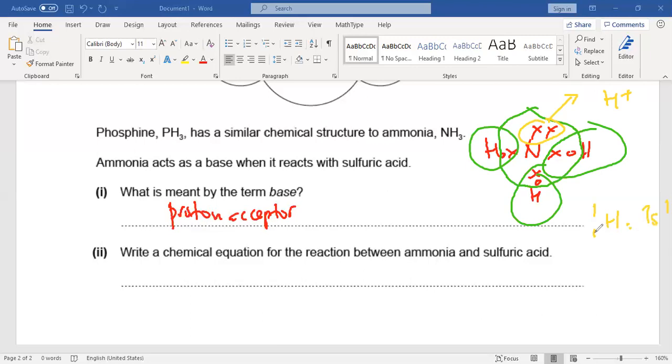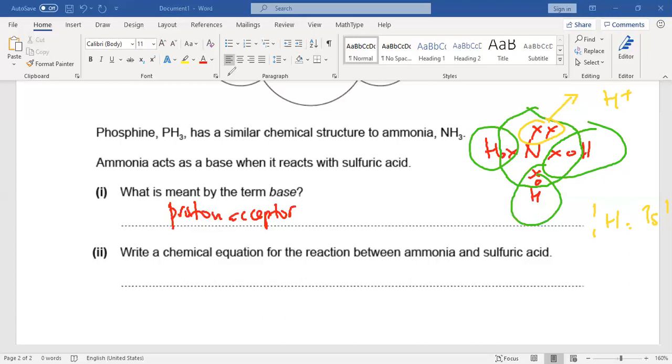If this electron is no longer there, H plus is without electron, so N will accept this proton because it has a lone pair of electrons. Therefore we may say that a base is a proton acceptor, because ammonia accepts a proton.